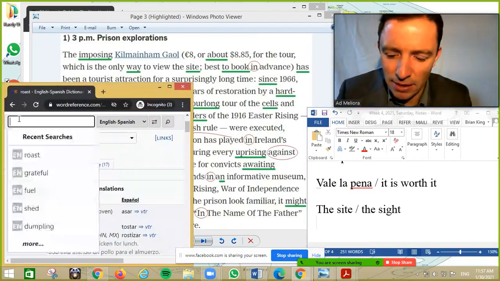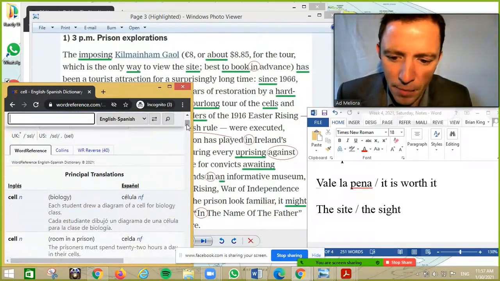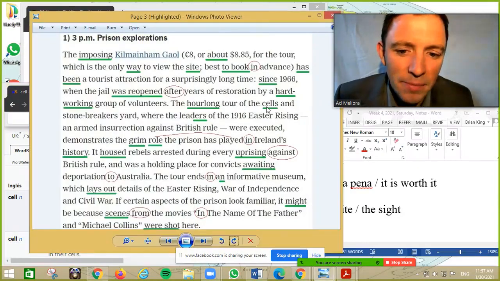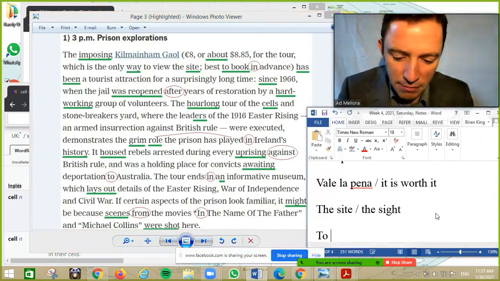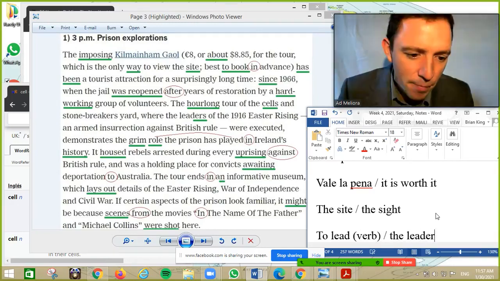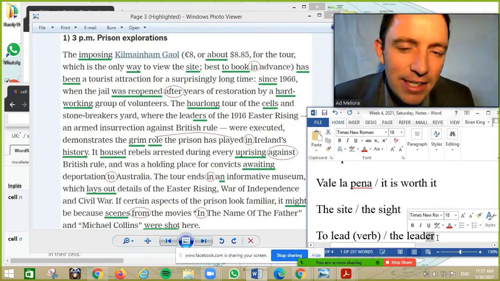So here's the pronunciation of the cell here. Celda. So very similar in plural, the celdas. Okay, and also the next word, the verb to lead is liderar, and the verb is to lead, and the substantive is the leader. Okay, normally in English when you have the er, it's the person.